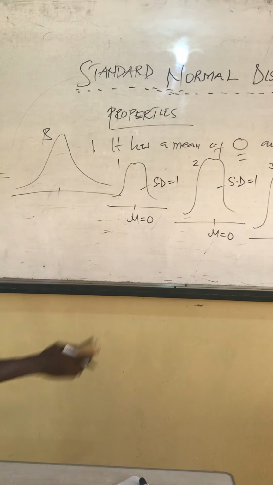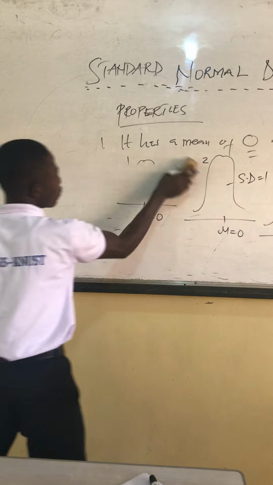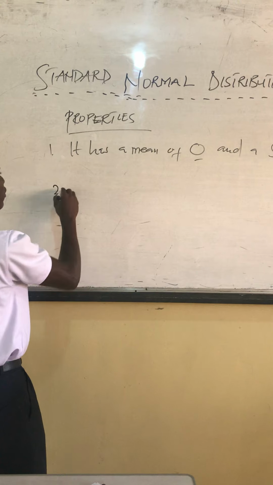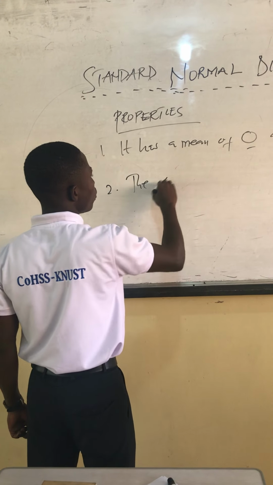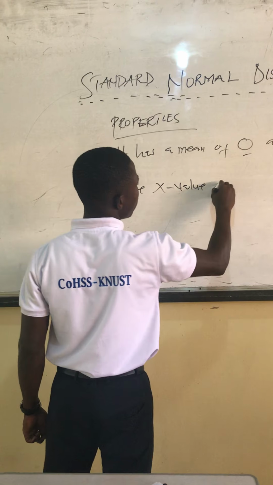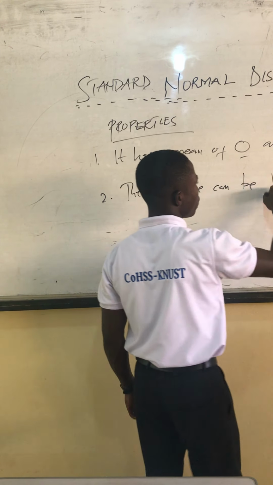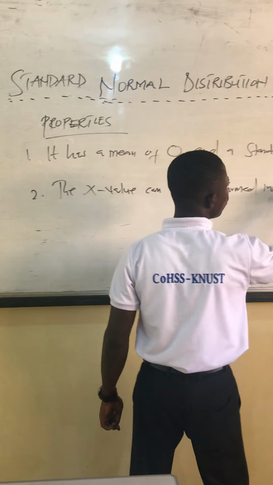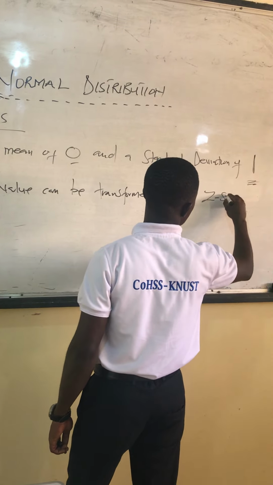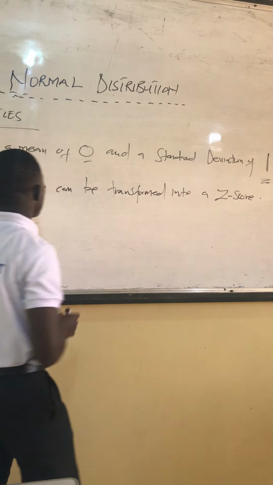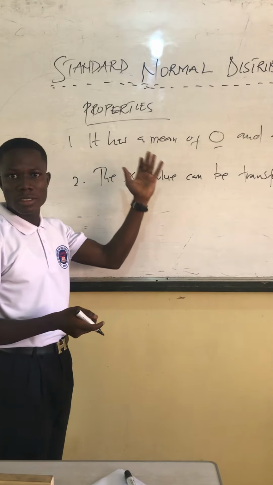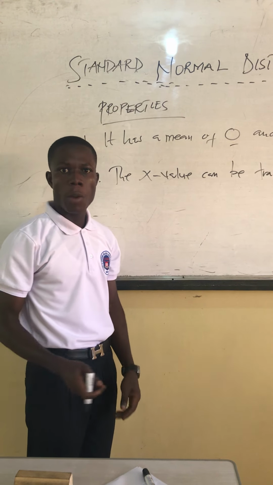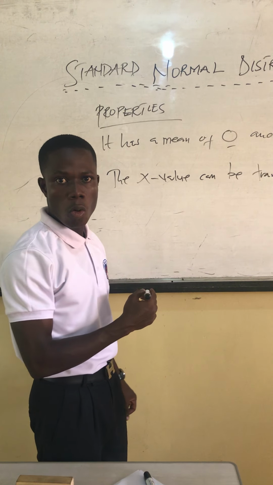Let's go to the second property. The second property is that the x value can be transformed into a z-score. And when we talk of a z-score, we have a formula for it.